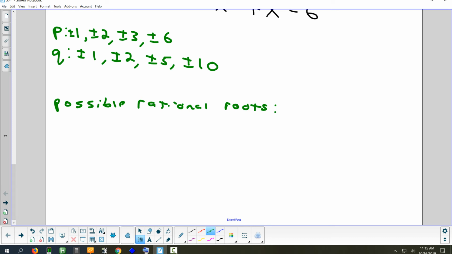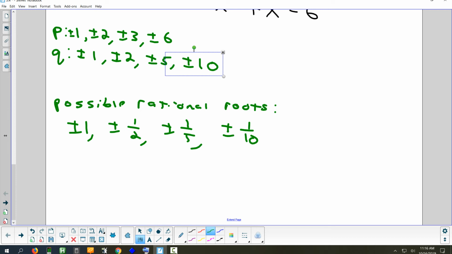Let's start with the first P, 1. Let's do that one over every single Q. So we could have 1 over 1. We could have 1 over 2. We could have 1 over 5. And we could have 1 over 10. Those are all the different rational roots you could have with a 1 in the top.